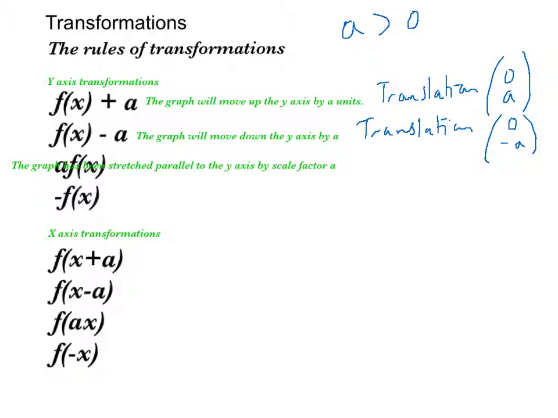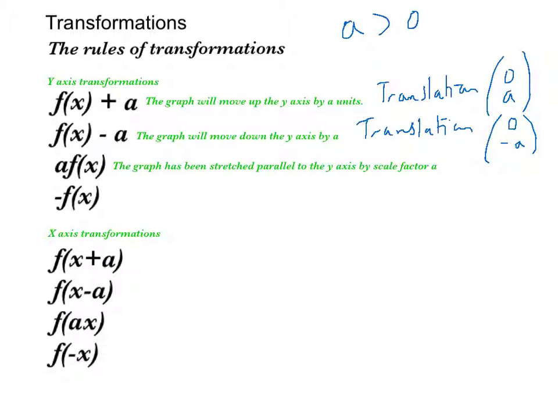What this means is that every single y coordinate has been times by a. And you'll see then that that means the graph has been elongated if a is above 1, or if a is, say, a half, the graph will be compressed downwards.